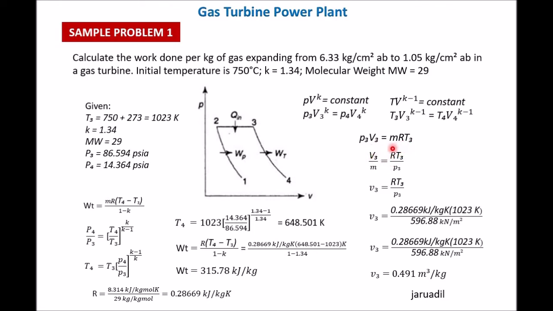So, these values are retained. So, alam natin yung R, alam natin yung T3, alam natin yung P3, right? So, we can now solve for the specific volume of 3, that is 0.491 cubic meter per kilogram. And you can also use these equations to solve for specific volume of 4, 1, and 2. So, nasa sa inyo lang, imamanipulate nyo lang yung mga gas equations.